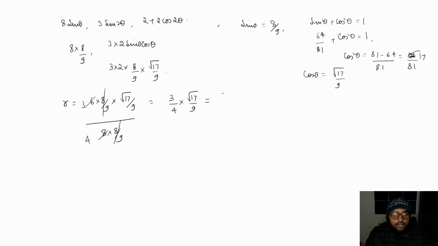So if we are calculating it, the value of r will be 3 cross root of 17 upon, that is coming as 0.343.